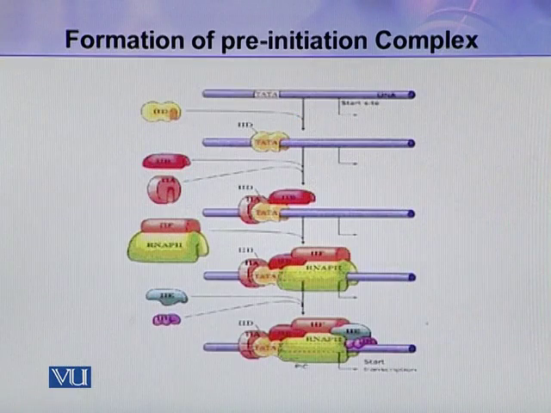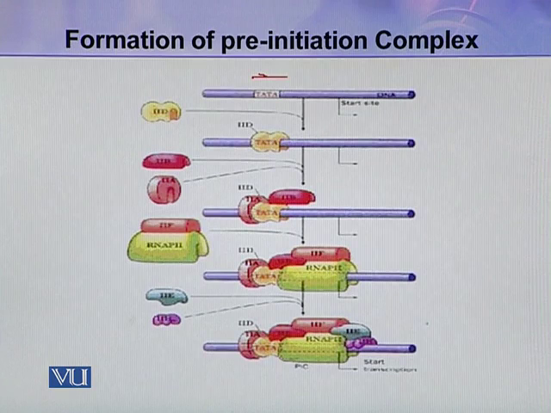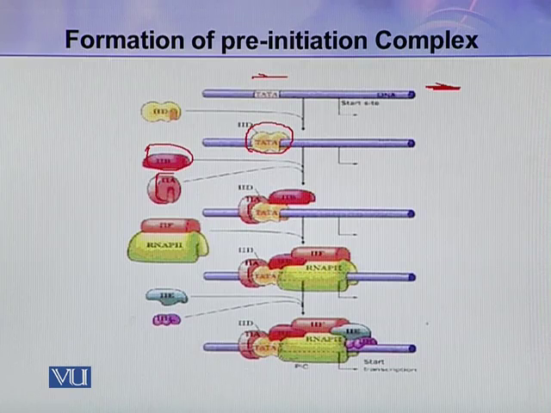So here you can see in this diagram, this is the TATA sequence on this DNA strand, and this TBP binds to the TATA sequence, and then this binding is followed by the binding of other transcription factors.